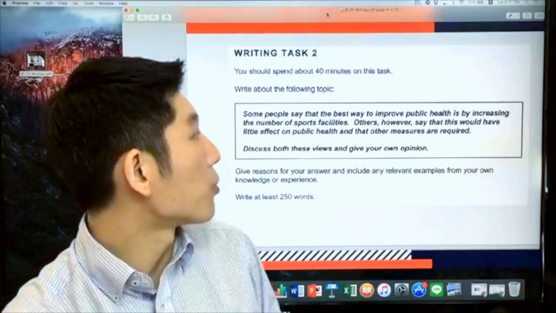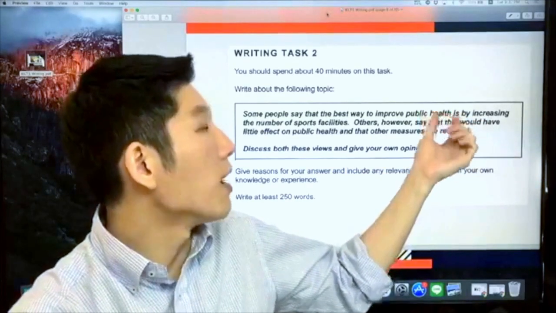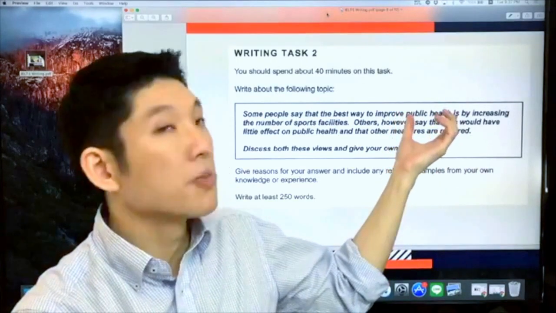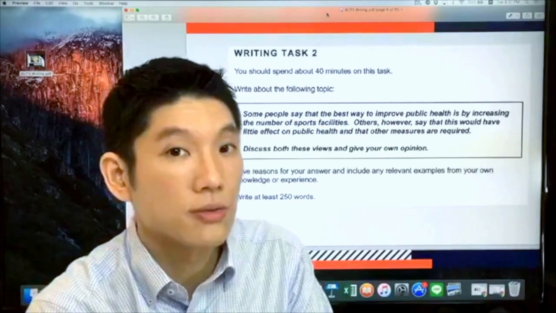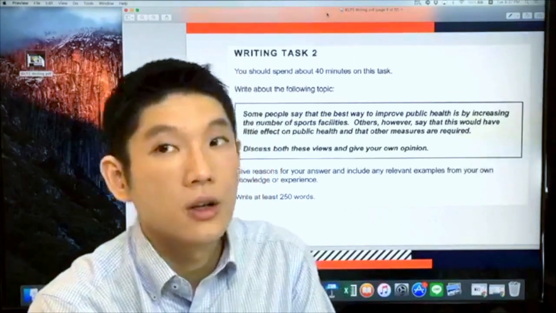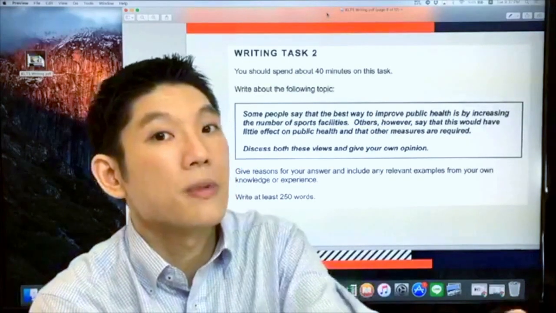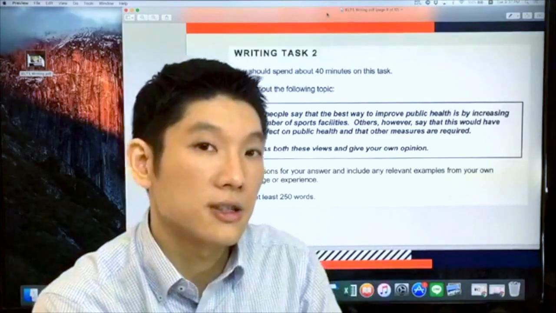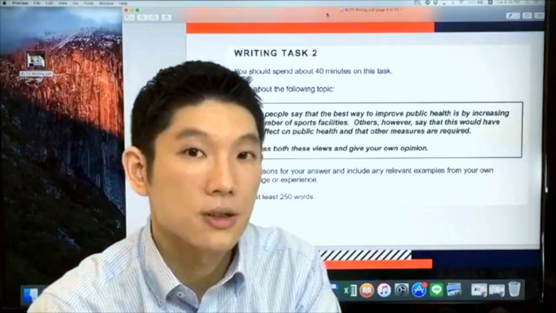And this will not really improve public health because there could be a variety of factors contributing to public health. Okay? Education, public sanitation, personal hygiene, even the time of the year, because perhaps there are epidemics or certain disease that spread around certain seasons. And so there are a variety of factors to consider.